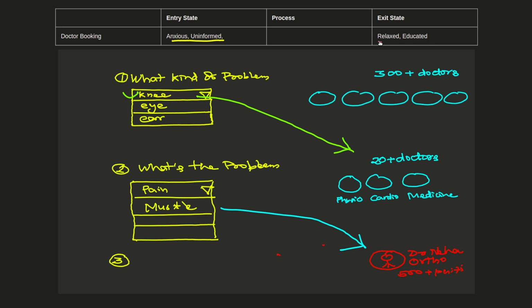And these two exit states after this period are getting achieved, right? And Dr. Neha is going to treat you, and Dr. Neha is available as well, right? So these are the kind of things that got achieved, right?